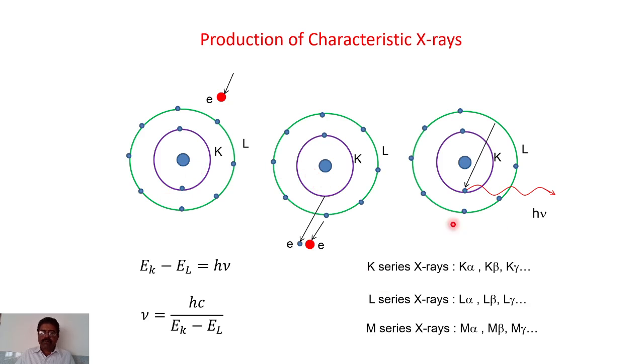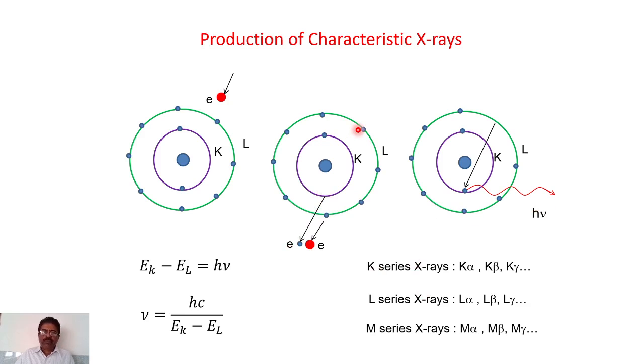For example, in this diagram, we have seen that the electron from the K shell is made free, and the electron from the L shell has occupied this position, and the photon is given out. So because of displacement of the electron from the K shell, this characteristic X-ray photon has originated. Therefore, it is named a K series X-ray.